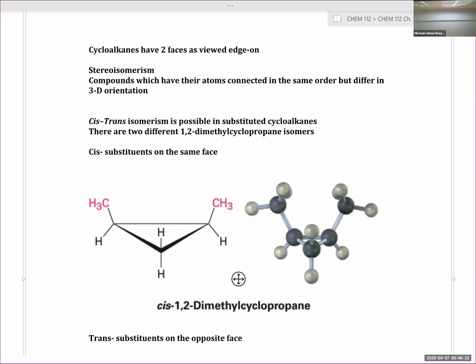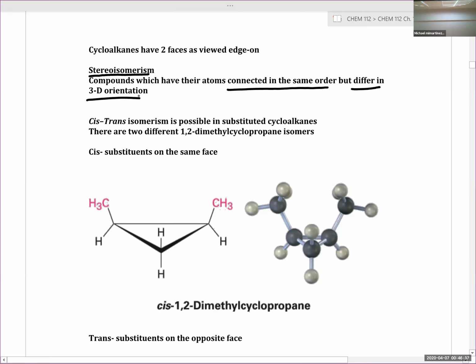And this in turn leads to a phenomenon known as stereoisomerism, where we have compounds which have their atoms connected in the same order, but they differ in 3D orientation. So the arrangement of our substituents is different in three-dimensional space. So when we have substituted cycloalkanes, we can observe cis-trans isomerism.